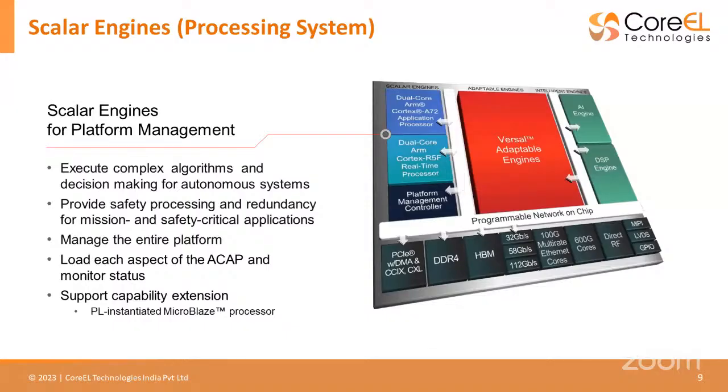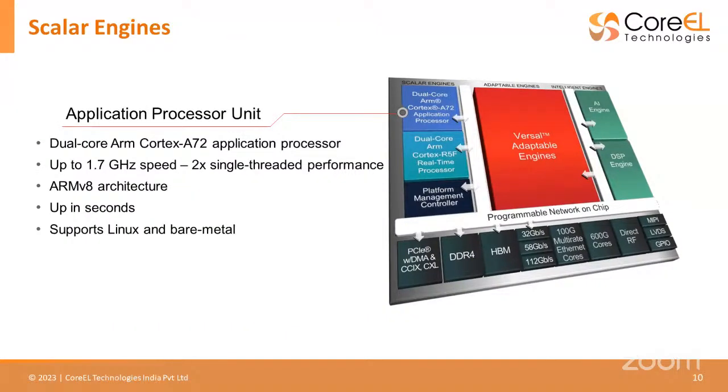Then you have your application processing unit, which for the Versal chips is a dual core ARM Cortex A72 processor, which can go up to 1.7 gigahertz of speed. The thread count and the performance is doubled with an ARM V8 architecture. So you can work on both your Linux OS or your bare metal applications as well.